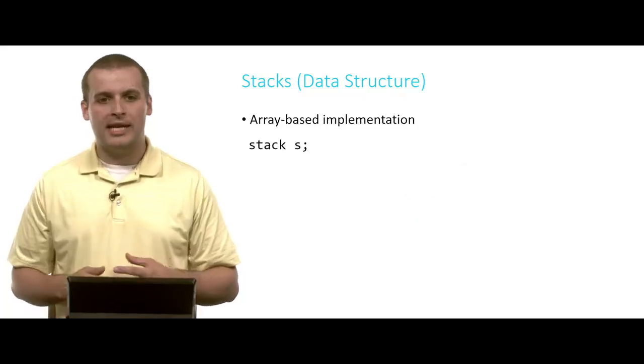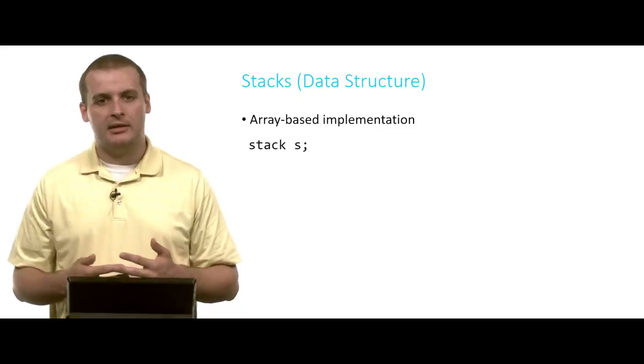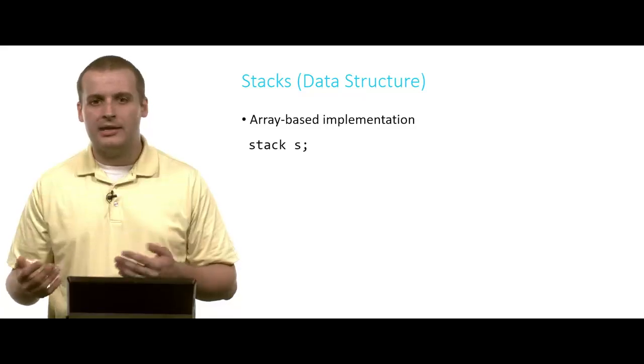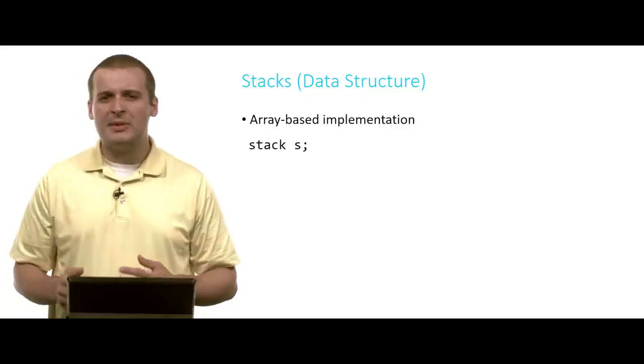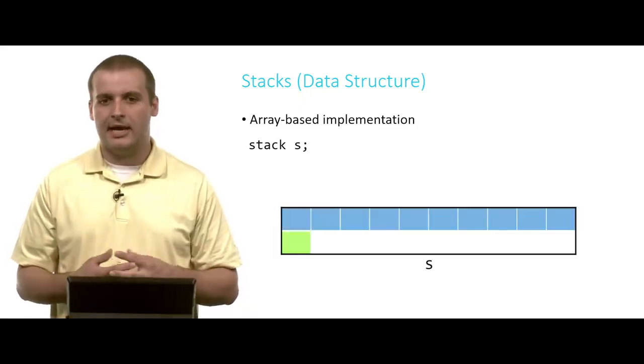Once we've created this new data type, we can treat it like any other data type. We can declare stack s, just like we could do int x or char y. And when we say stack s, what happens is we get a set of memory set aside for us.